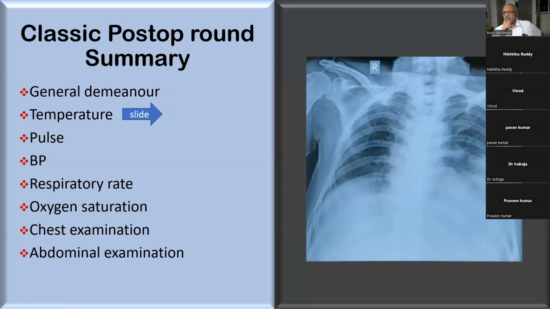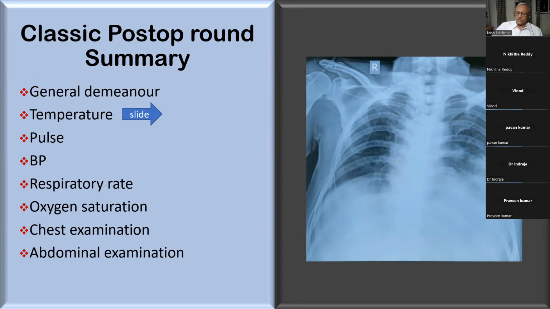How reliable is your examination finding of, say, guarding and rigidity to indicate that there is something wrong in the abdomen in a post-op scenario? Reliable, not reliable? Not reliable. Please remember that. You may have a major abdominal leak and there may be no guarding or rigidity.